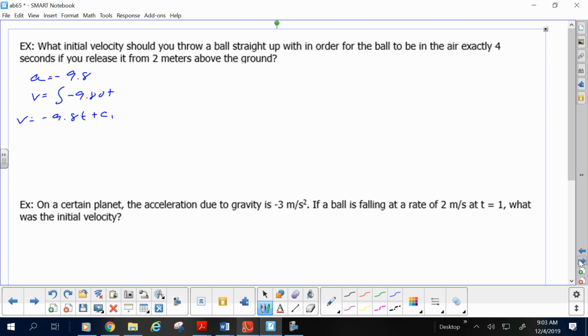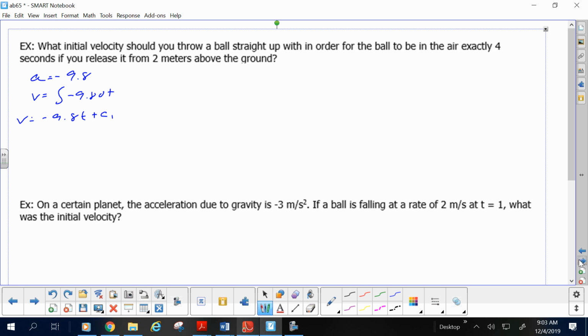I'm confused. Do you have a velocity to put in to find C1? No, actually C1 will kind of represent the initial velocity. C1 is the initial velocity because it's what the velocity would be when a time of 0 goes in. So I'm going to have to bypass that and go on to the height.